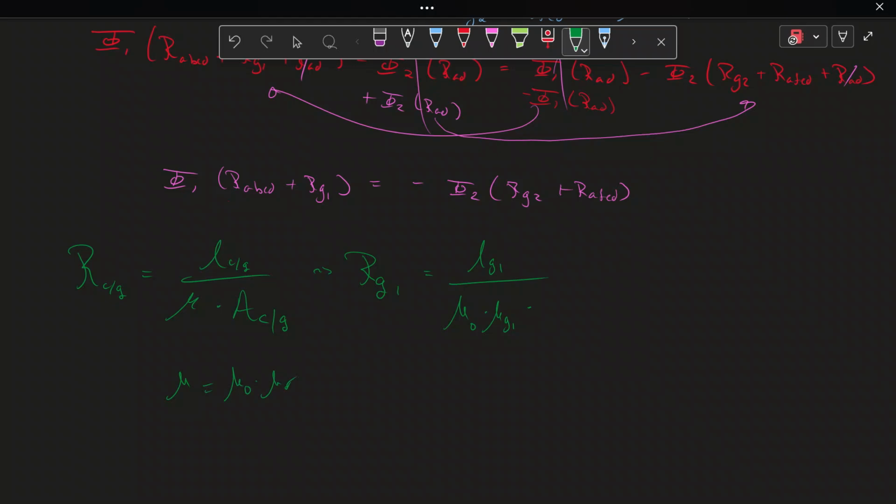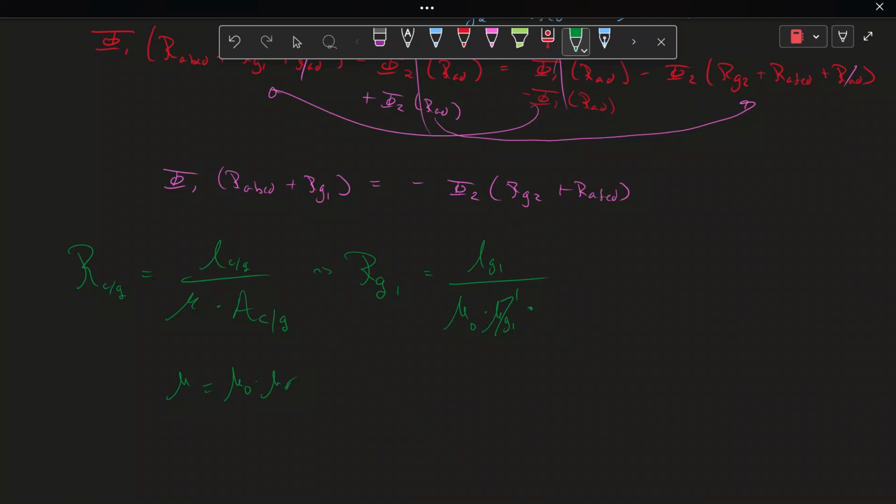Well, the relative permeability of air is going to be 1, so you don't have to worry about any type of relative permeability for air. Now we have to multiply the cross-sectional area of the air.